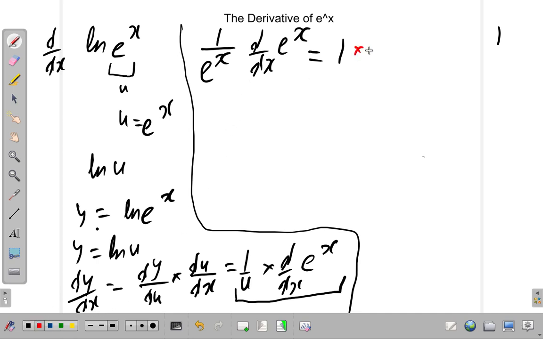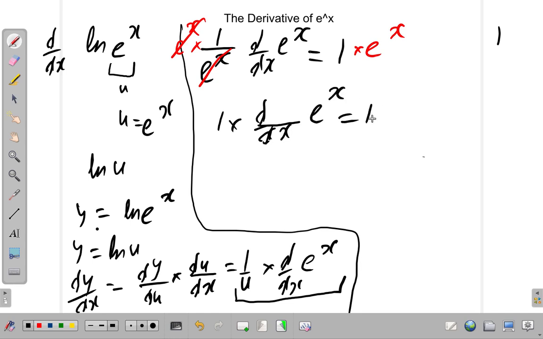So this times e to the x and this times e to the x. e to the x would cancel e to the x over here. So this becomes 1. So it's 1 times d by dx of e to the x is equal to 1 times e to the x.